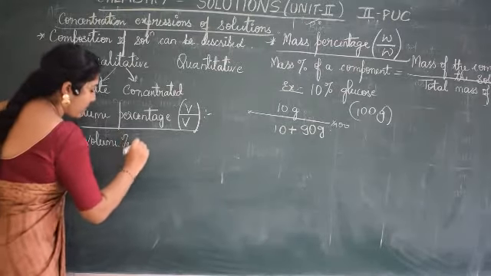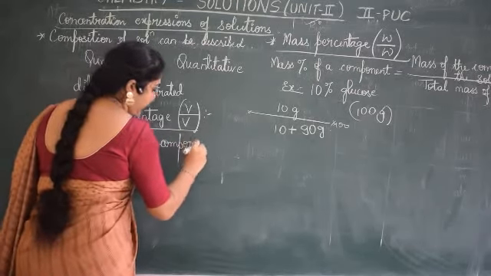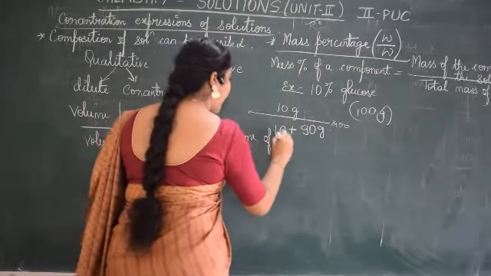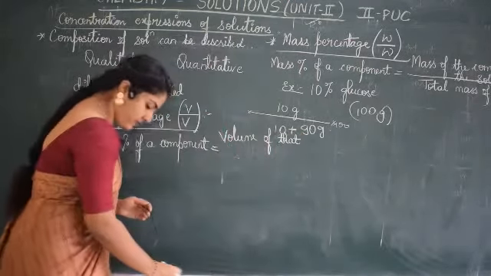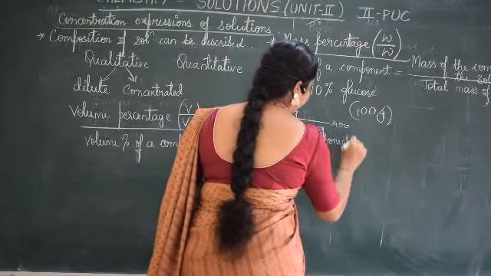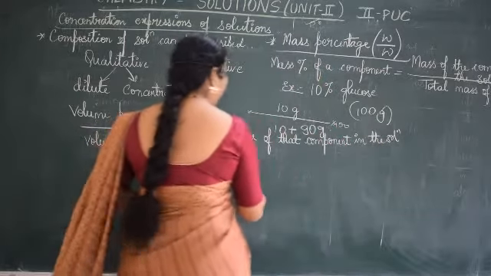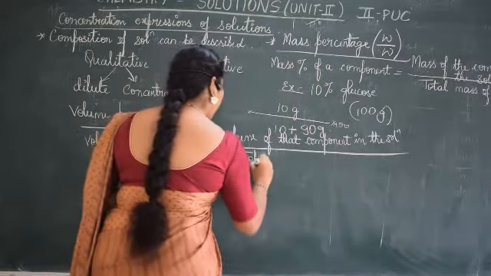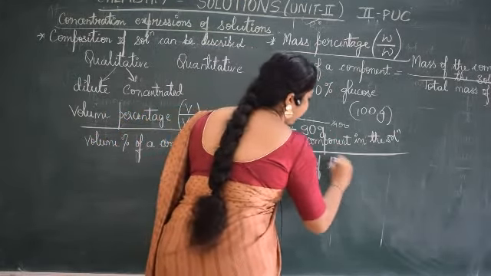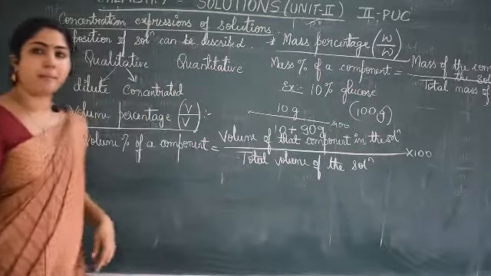Volume percentage of a component is equal to the volume of that component in the solution divided by the total volume of the solution, into 100. Clear?